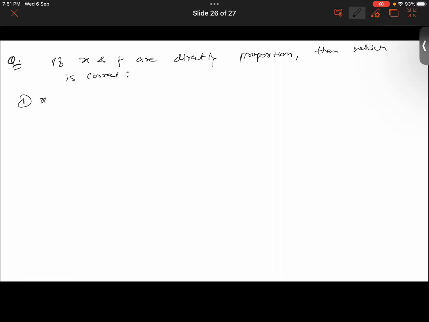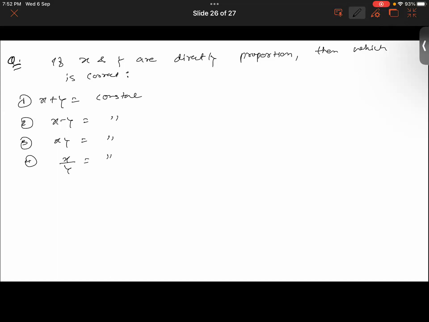Option number 1 is x plus y is constant. Option number 2 is x minus y is equal to constant. Option number 3 is xy is constant. Or option number 4 is x upon y is constant.